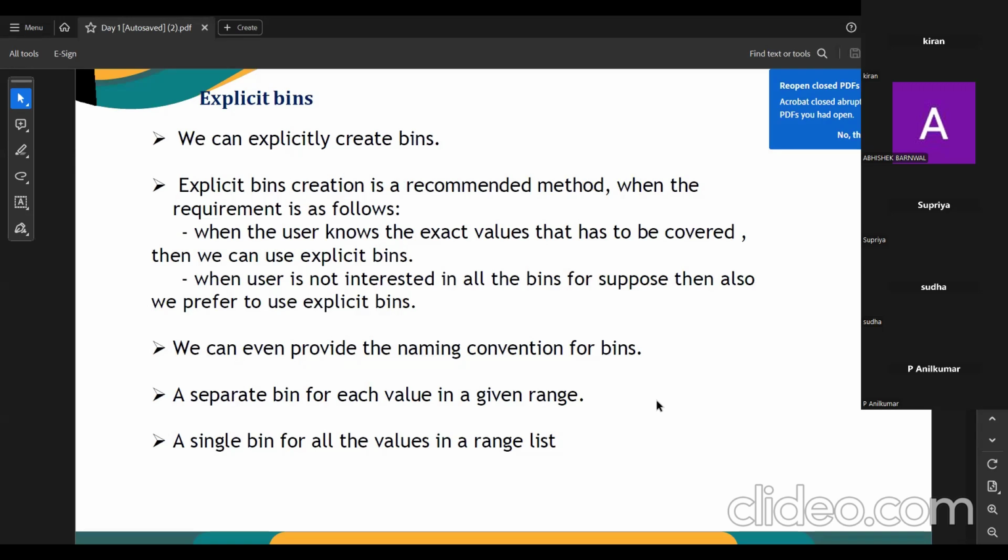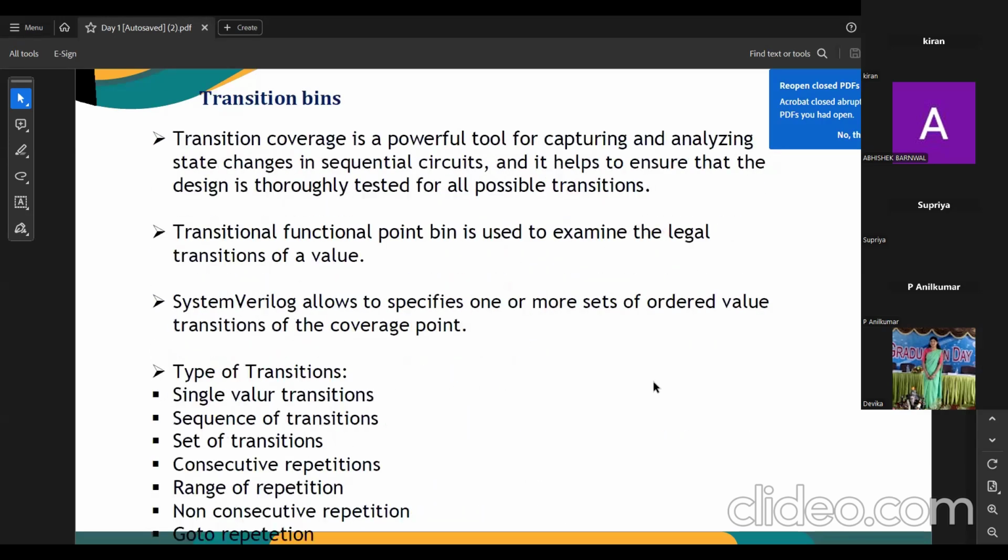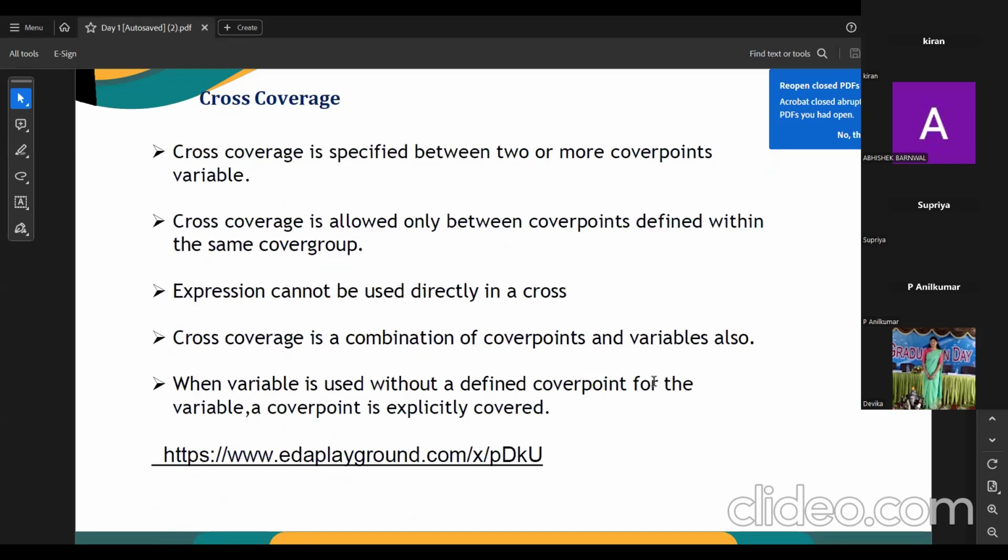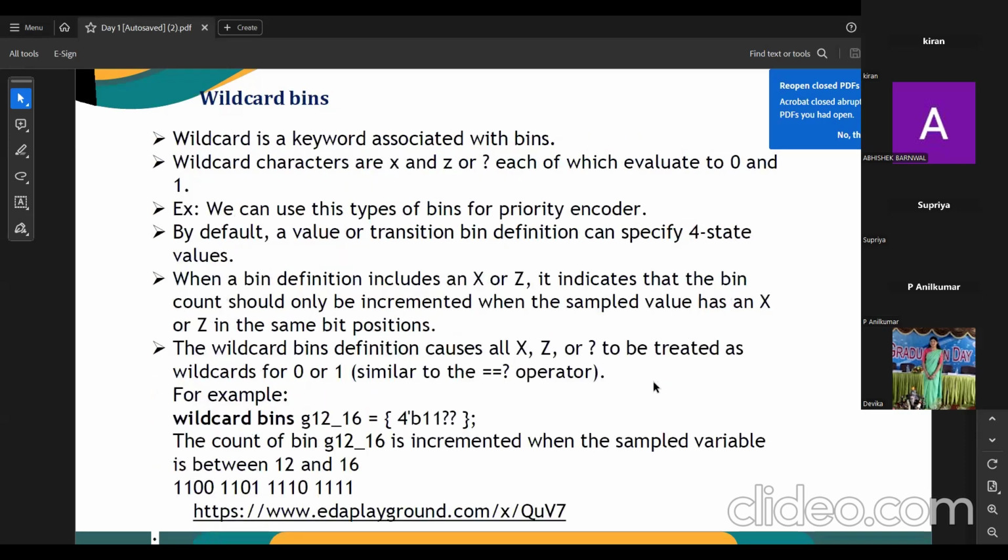Yeah, so you can try the same questions first. Once you are clear with all these questions, then you can make small changes. You have learned so many concepts, like wildcard bins and the different bins concepts, so all this you can try in that particular code. If I do it this way, how will it work? If I do it that way, how will it work?